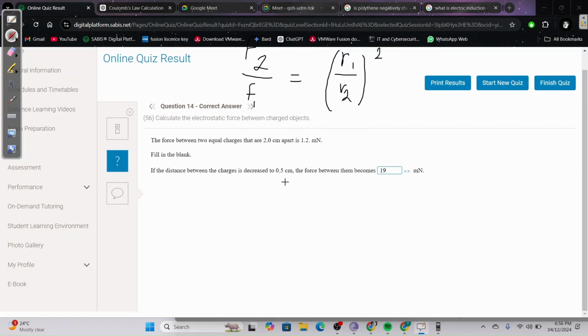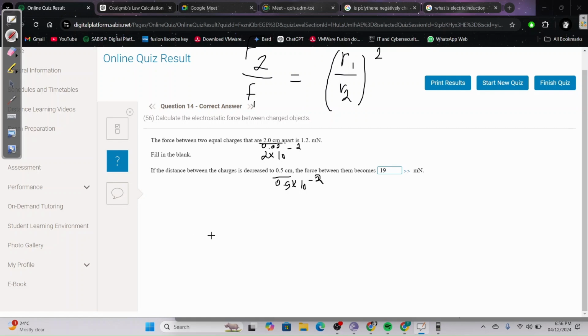Now we start working. Keep this in mind that this is going to be 0.02 or 2 times 10 to the power of negative 2. To be safe in a calculator, I would use 2 times 10 to the power of negative 2. And this is going to be 0.5 times 10 to the power of negative 2, because it's way too small to write down as numbers. Now we work.